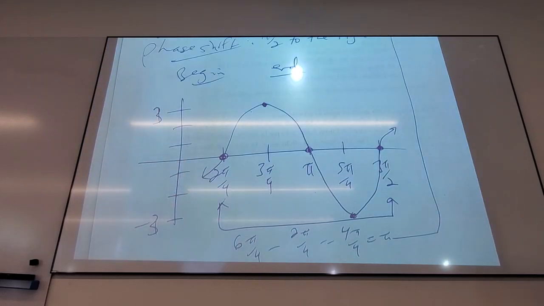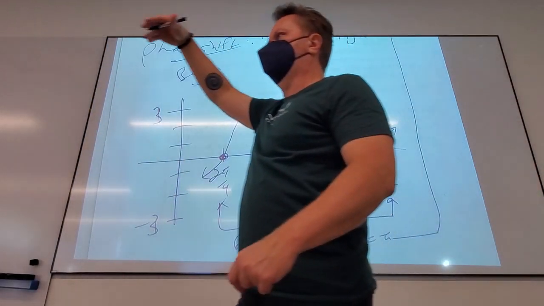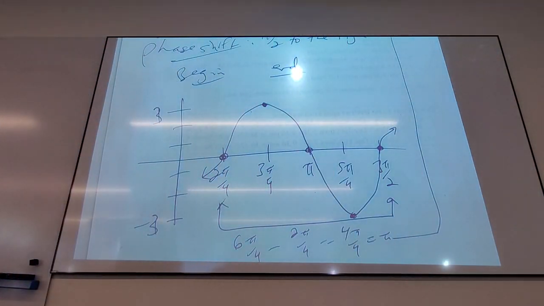You can always check yourself as you go. Okay, good question. Now, cosine's the same idea, except it would start at 3 instead of 0. What about tangent and cotangent?